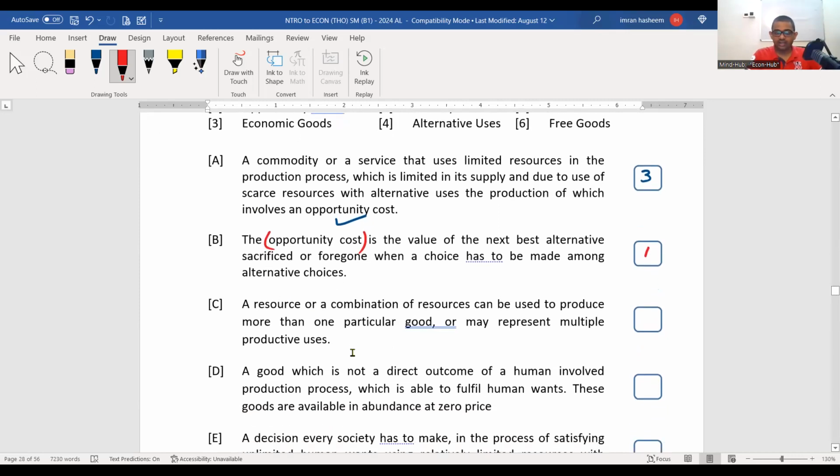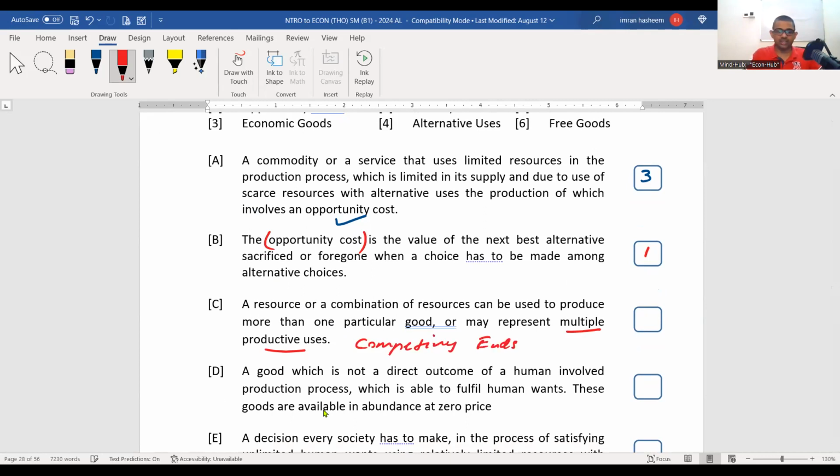Then C, a resource or a combination of resources can be used to produce more than one particular good or may represent multiple productive uses. Sometimes this is called competing ends.